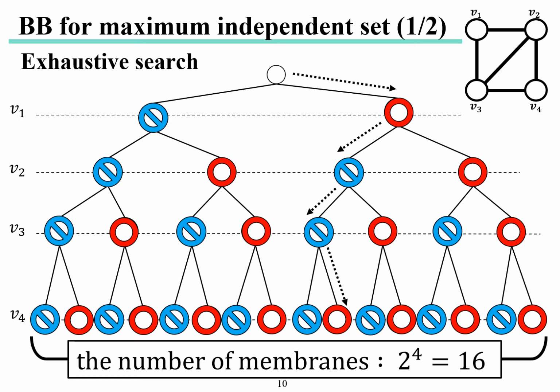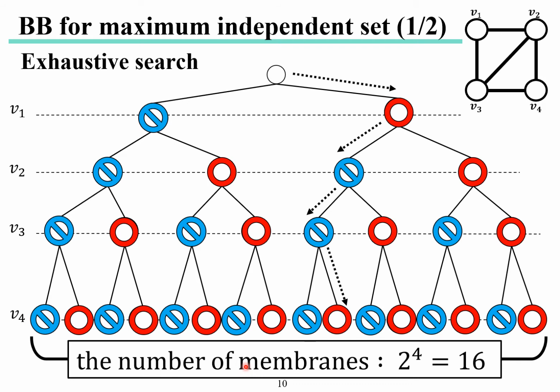In addition, a path from a root to a leaf denotes an assignment for all vertices. For example, this path denotes an assignment such that V1 and V4 are in a subset, and V2 and V3 are not in the subset.